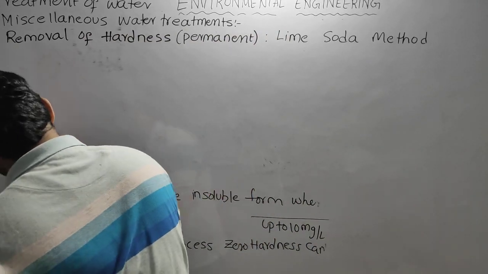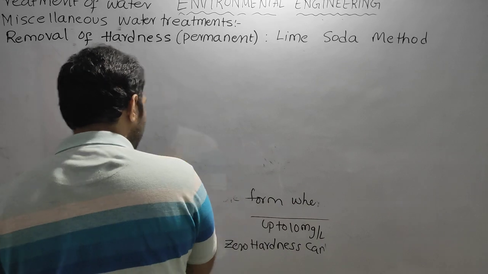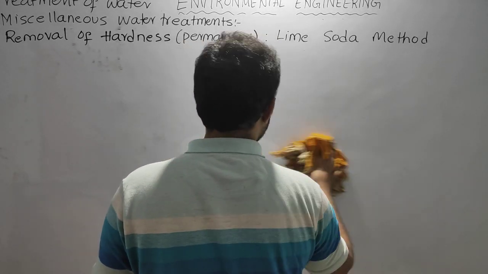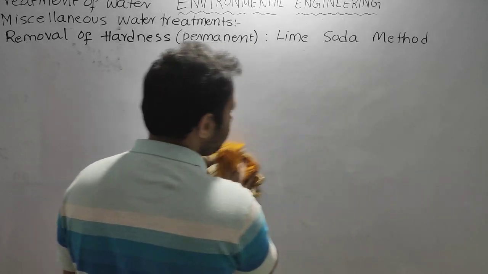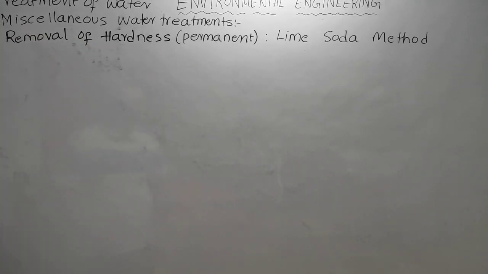So let us see the sequential operations of the lime soda method. What are the sequential operations that we perform in the lime soda process? Once we mix the lime soda in water, what do we need to do after that?